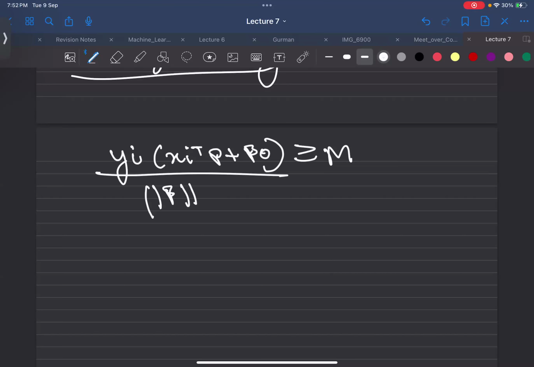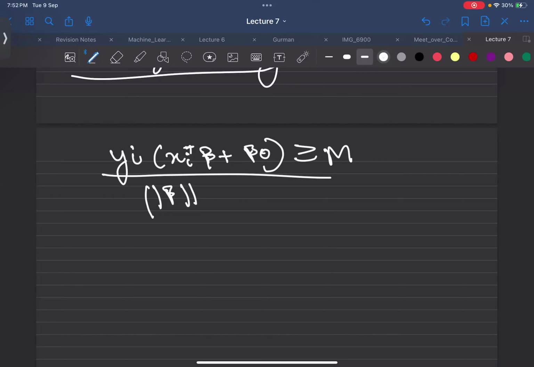Now, normalization. Why do we normalize? You should have asked me earlier also. I'm trying to fit it within the graph.